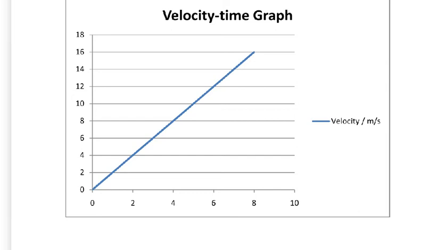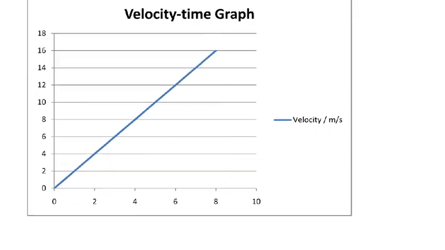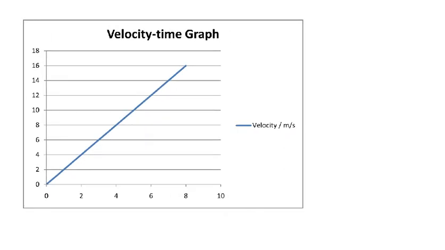So if we look at this, we've got here the furthest point looks like 8 and 16. So slope is equal to rise over run. So what you have there is a rise of 8 meters per second. Sorry, that's not true. You have a rise of 16 meters per second, and it took 8 seconds. All right, so here this rise is 16, the run is 8.